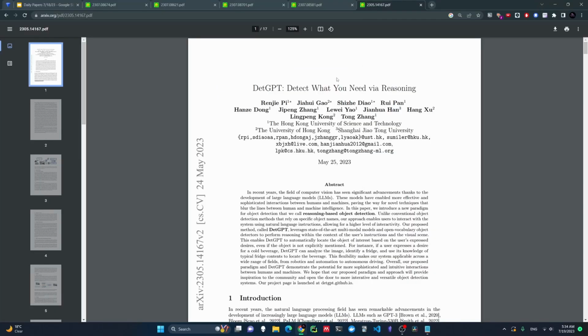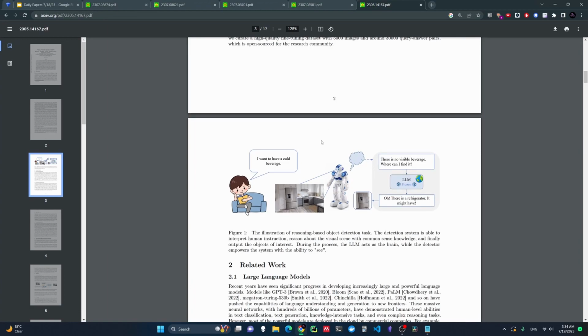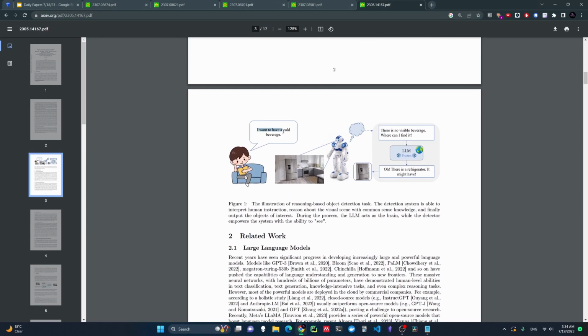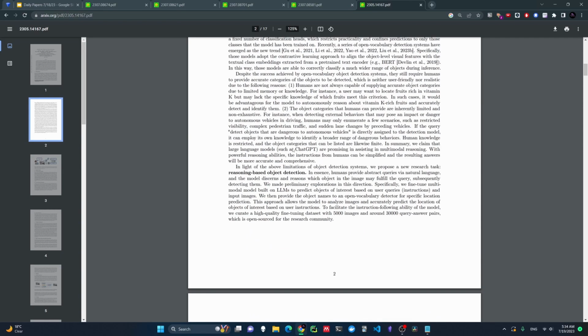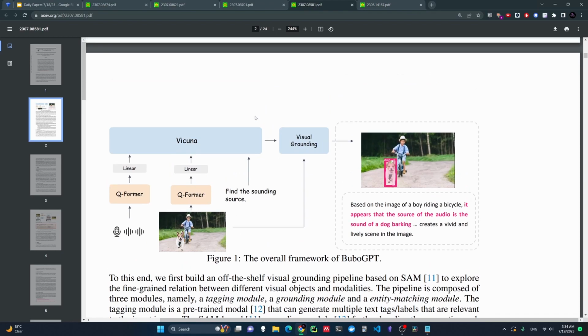To show you guys what I was talking about, this was a paper from May called RetGPT. And I believe the approaches are really similar. For example, this paper introduced something called, what is it called? Reasoning-based object detection, right? And it's sort of similar with this paper here.